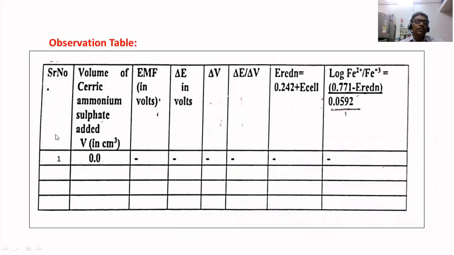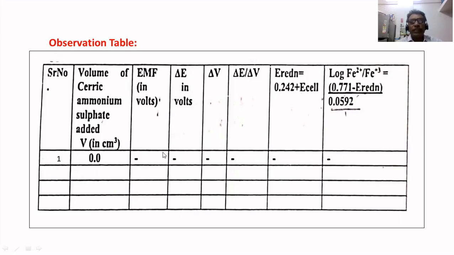Now this is the observation table. We are performing the titration. In the Fe2+ solution, we are adding the ceric ammonium sulphate solution. Every time we add 0.5 ml, and we have to see what the EMF is after adding 0.5 cm cube of the ceric ammonium sulphate solution into the beaker containing ferrous ammonium sulphate solution.